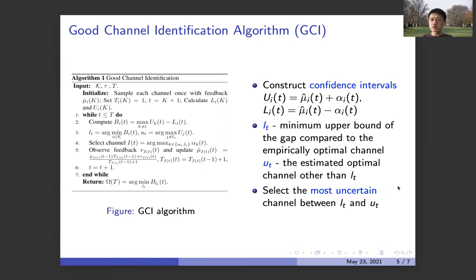So removing I sub t from the remaining set of channels, what is the channel that is estimated to be the best so far? We then select the most uncertain channel between these two for exploration in the next time slot. By doing this, we are balancing identifying a good channel versus accumulating knowledge about channels that could potentially satisfy our requirements. Again, the details of this algorithm can be found in our paper.